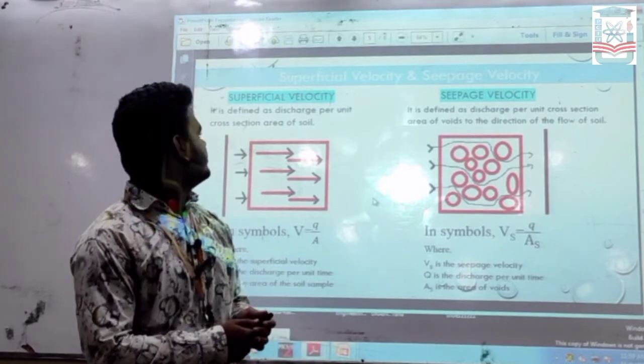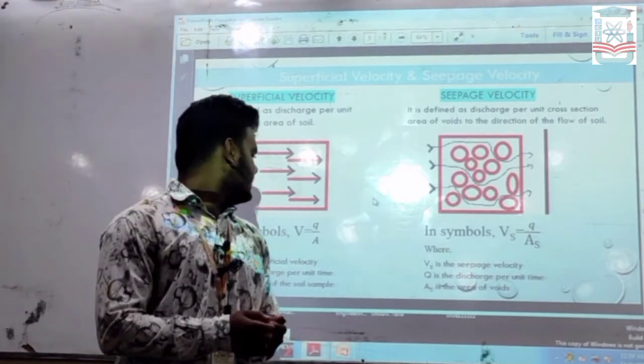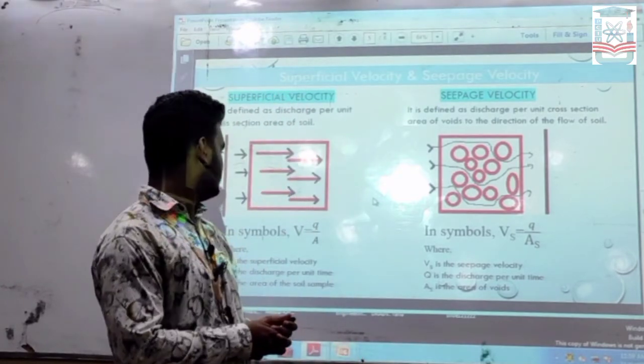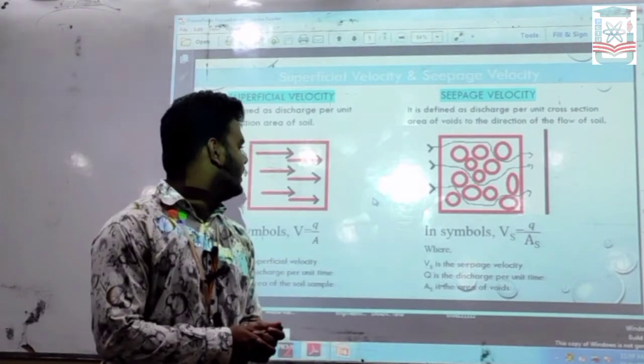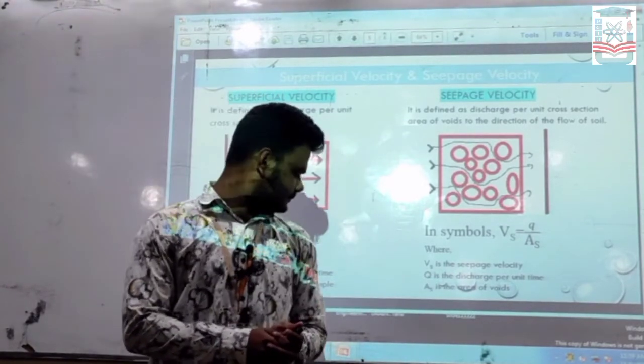In superficial velocity we measured the total area, that means area of solids and area of voids. Seepage velocity is the actual velocity of the water in the soil, and hence seepage velocity will be greater than superficial velocity.